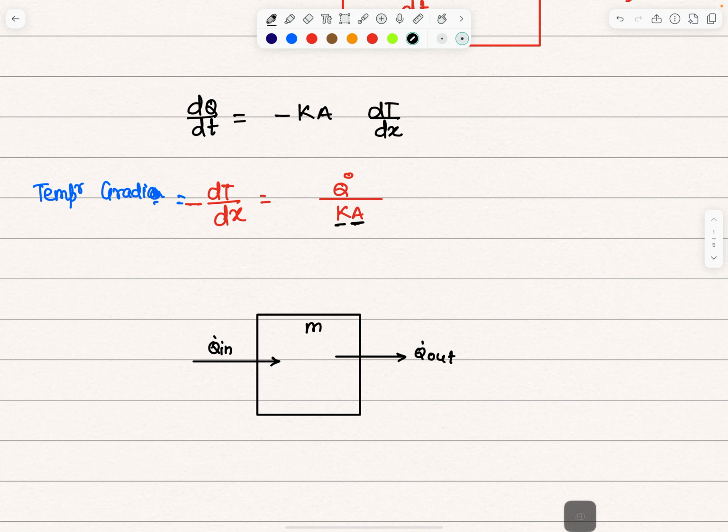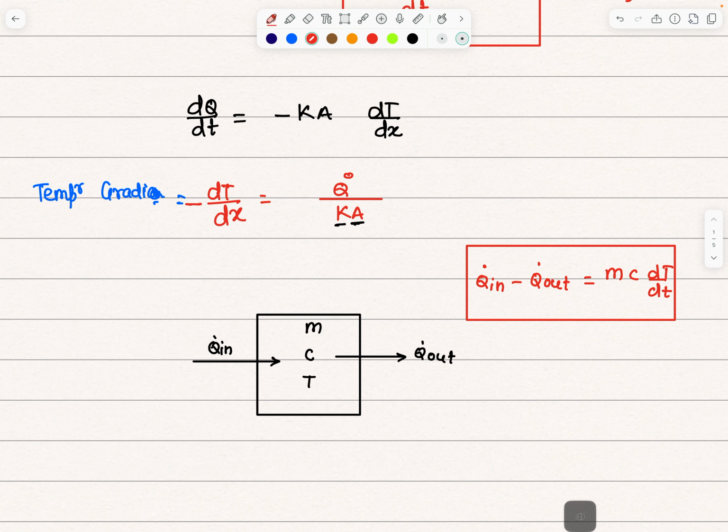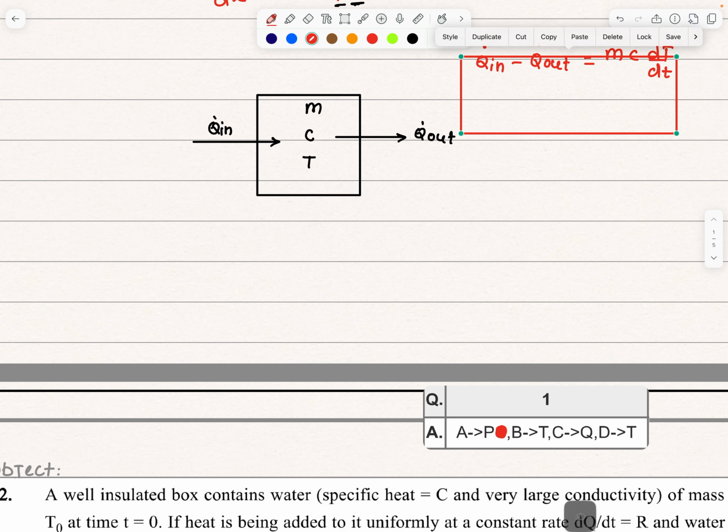Let's say the mass of this part is M, specific heat is C, and temperature at an instant of time is T. So we can write Q dot in minus Q dot out equals MC dT by dt. That is the equation for unsteady state heat conduction.